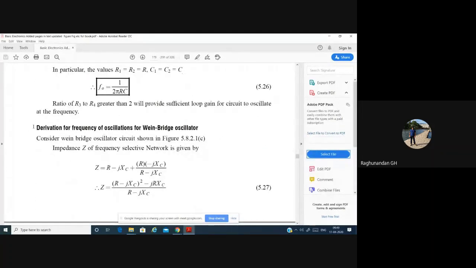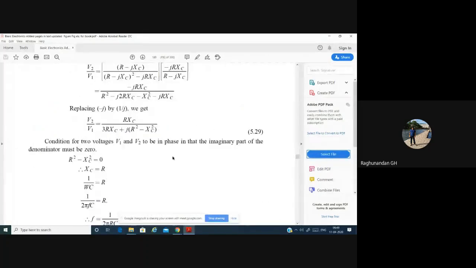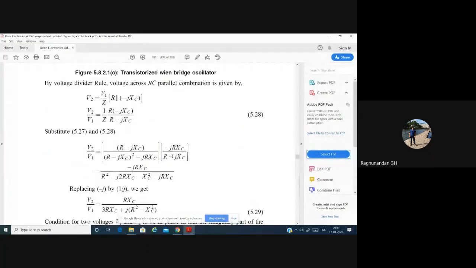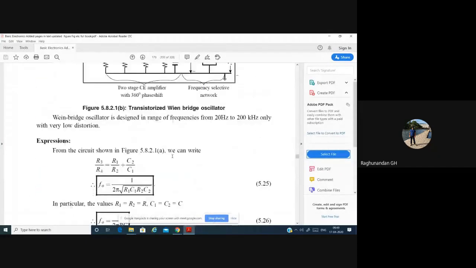The derivation is very important. They will be asking the derivation along with the explanation, so you have to concentrate more on this derivation. It's quite different because here we'll be using imaginary terms. All those things we will be using.